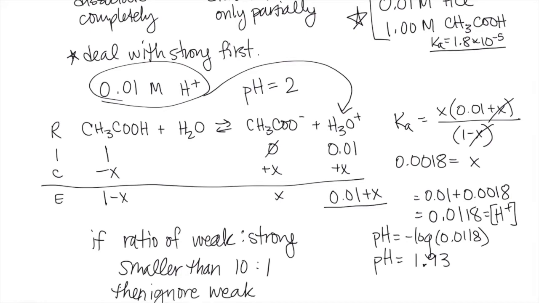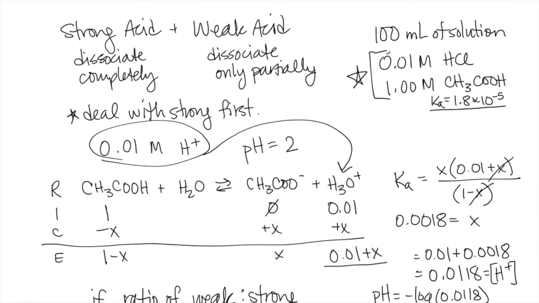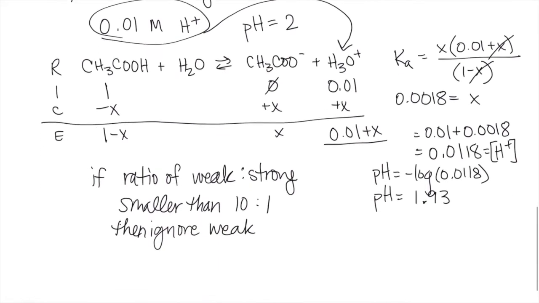It's only in instances where I have an extraordinary amount of that weak acid that I'm going to have to take that into account in my calculation. Most of the time, if I have a strong acid and a weak acid mixed together, I can ignore the weak acid. Only when I have more than 10 times as much weak acid as strong acid do I have to do this RICE table as a follow-on.